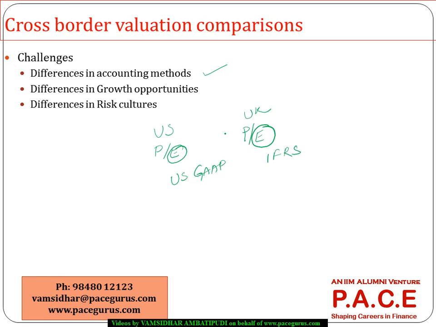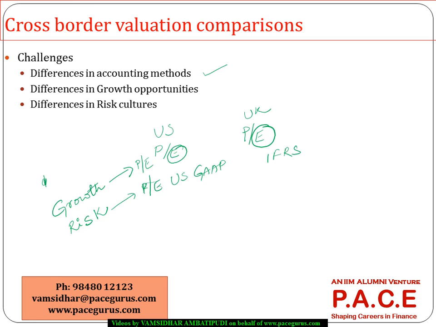Similarly, not just the P by E ratio, the P by E has a different implication with respect to growth. P by E could be fairly valued, but growth and risk, these two things could result in future lowering of the P by E. So we need to really evaluate the dimension of growth and risk also for those kinds of companies.